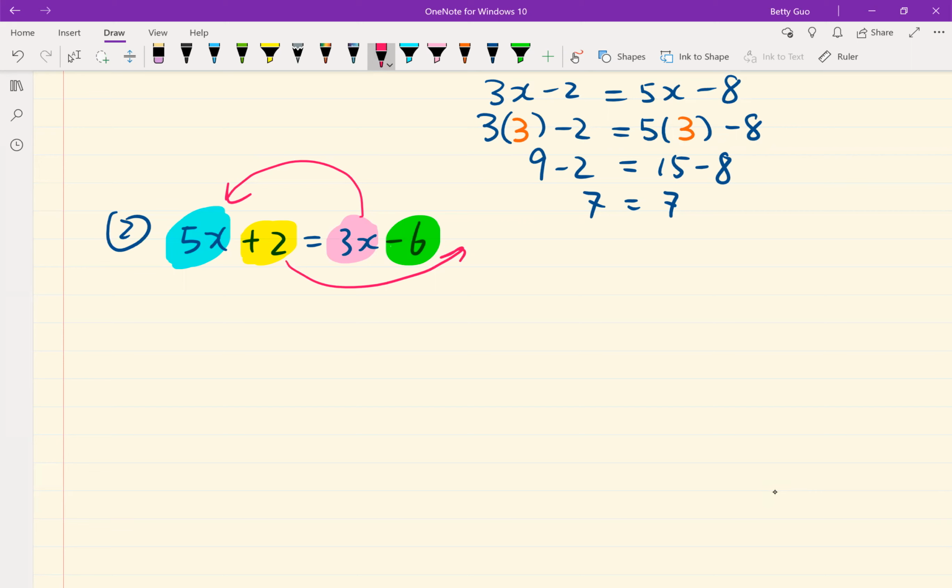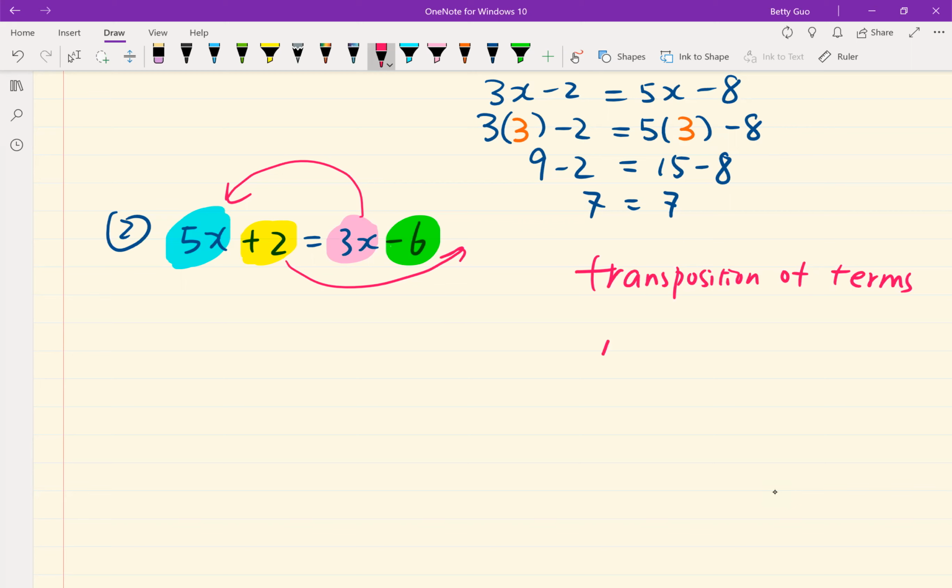If you haven't grasped that method, I'm going to write the rule here one more time. Transposition of terms means you could move those terms around wherever you want. You can move a term from the left to the right, or you can move a term from the right to the left.